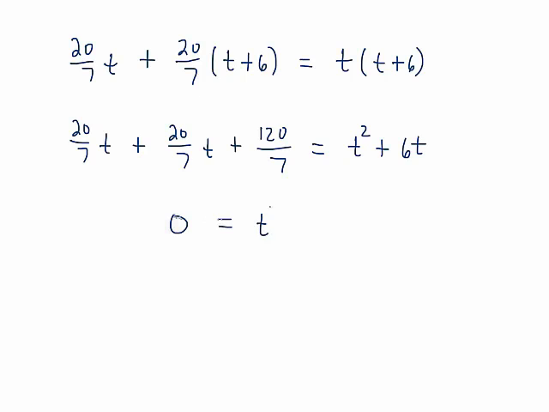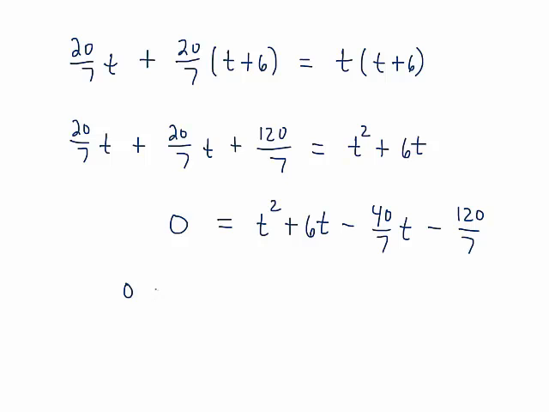So we have a T squared, we have our existing positive 6T, and now that 40 over 7T becomes a negative 40 over 7T on the right hand side. We have a positive 120 over 7, and on the right hand side that becomes a negative 120 over 7.